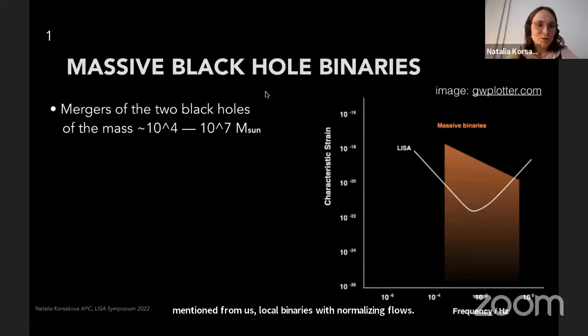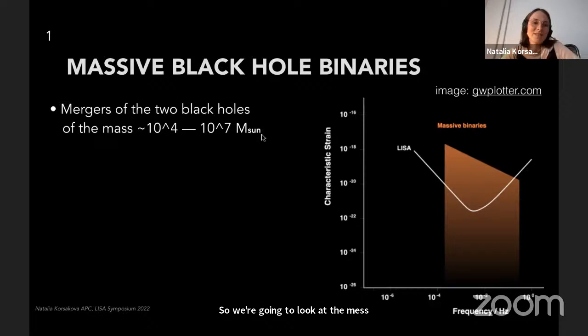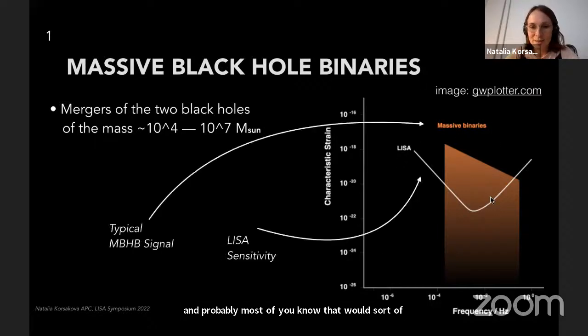First, I wanted to give a little motivation for why this is important. We are going to look at massive black hole binaries, and most of you probably know what sort of sources these are and where they are located in our sensitivity band.